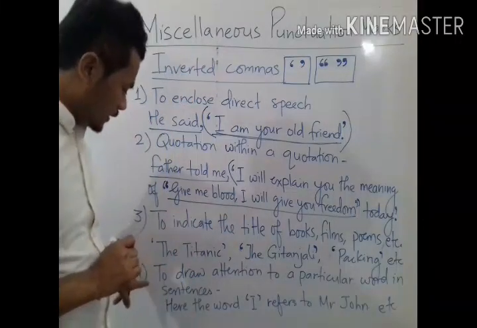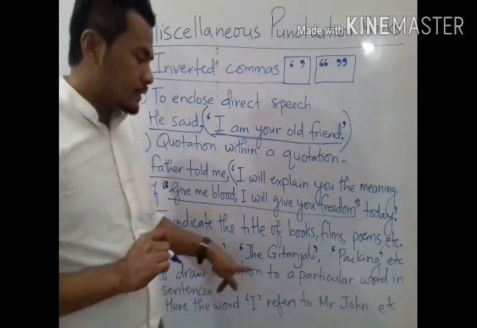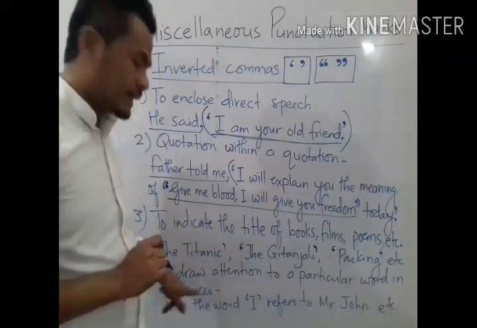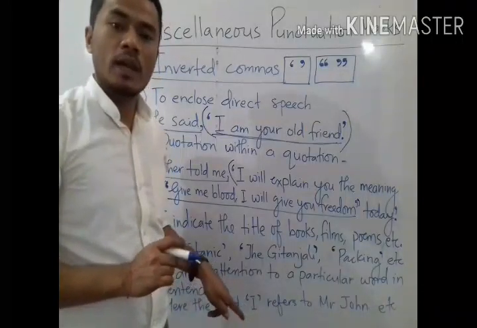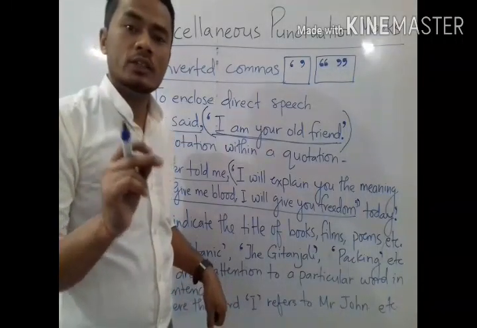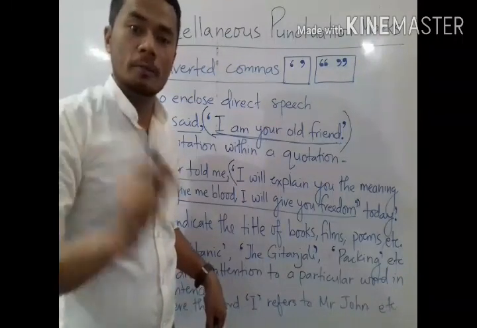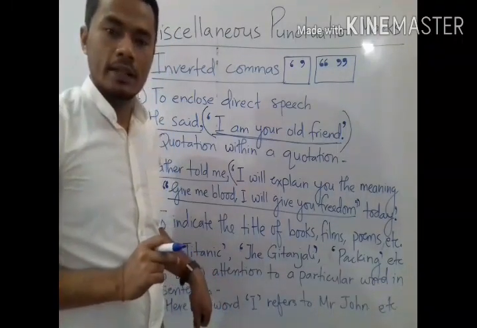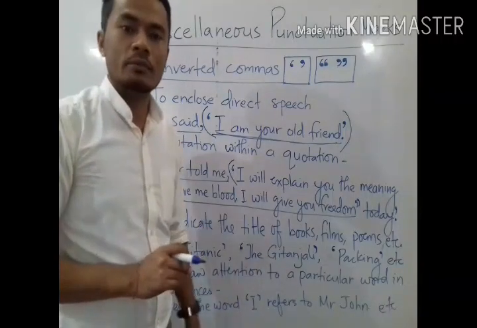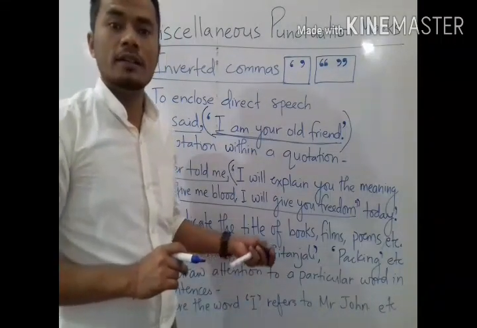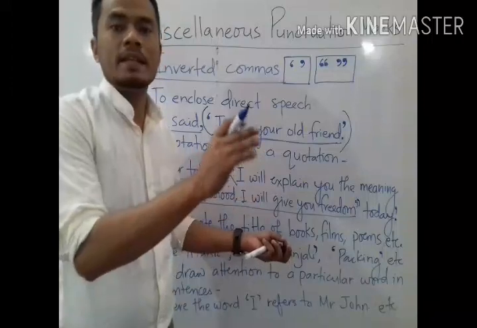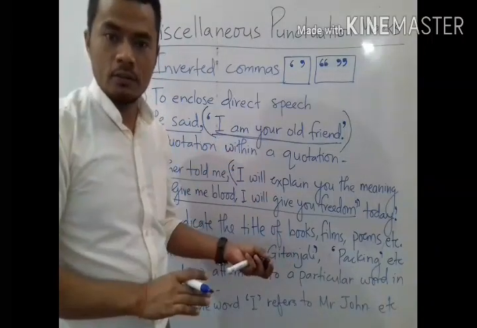Now come to another point, to draw attention to a particular word in sentences. Sometimes we have to draw attention to a particular word. So what does that word mean actually? Like in so many questions we have to say, what does the word this mean in this sentence, in the story.